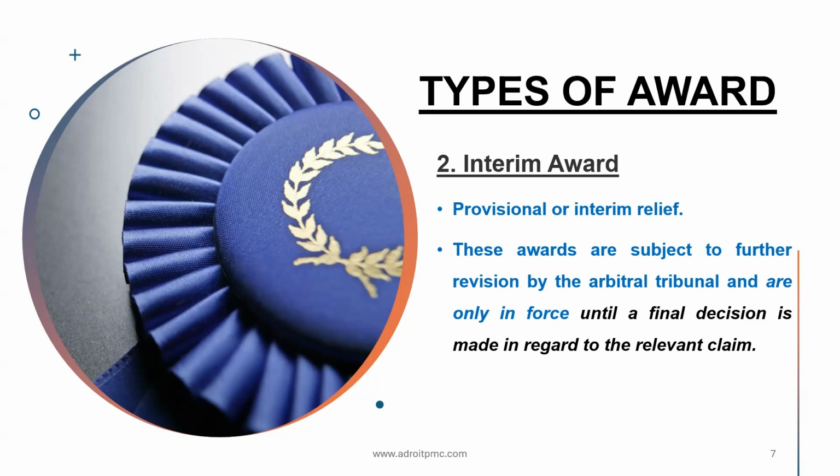This interim award is subject to further revision by the arbitral tribunal, and is only enforced until a final decision is made in regard to the relevant claim. So this interim award, as the name says, is a temporary award, until the final decision is made.